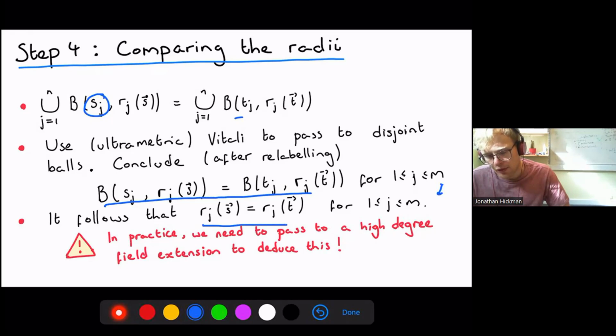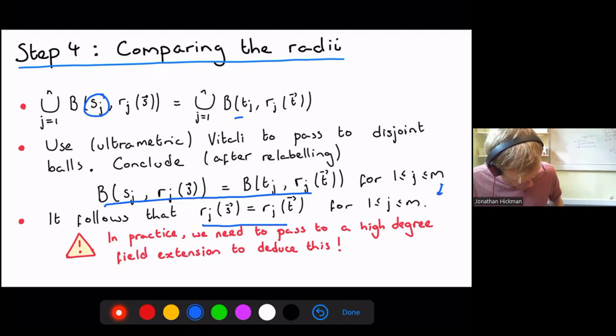And so to get around this, we actually have to work in a variety of other fields. In particular, we work with a high degree field extension over the p-adics. And this field extension has an absolute value which takes a richer range, which allows us to get around this problem. So in some sense, this is a bit of a technicality, but in another sense, I thought I'd mention it because it's a curious feature of the argument that in order to prove this result over the p-adics, we have to make use of the analysis of this polynomial over high degree field extensions.